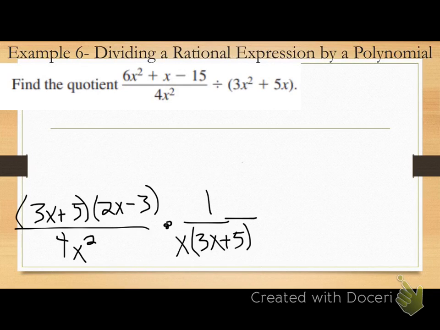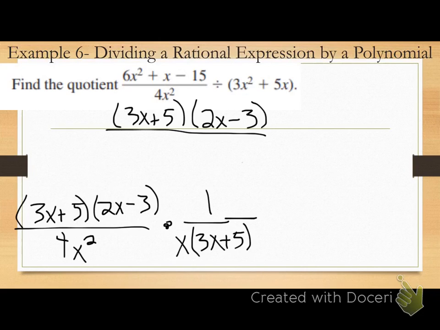So 3x plus 5 times 2x minus 3 times 1 will just give me 3x plus 5 times 2x minus 3. Everyone agree with that numerator? And when I multiply 4x squared times x times 3x plus 5, what am I going to get? 4x to the third power, cubed, times 3x plus 5.